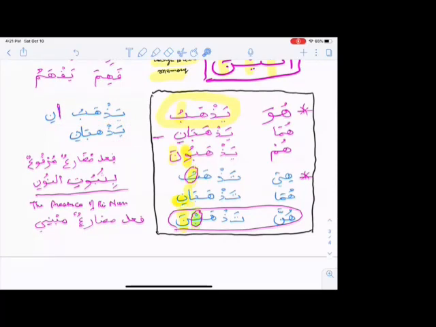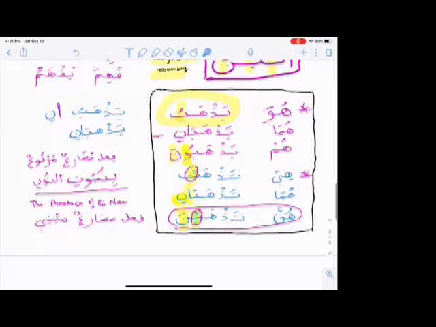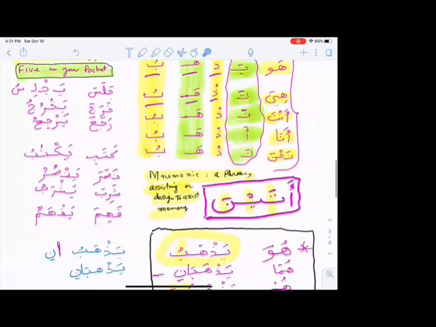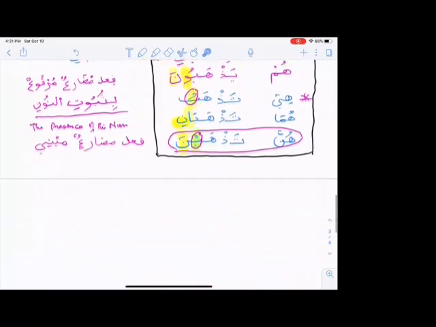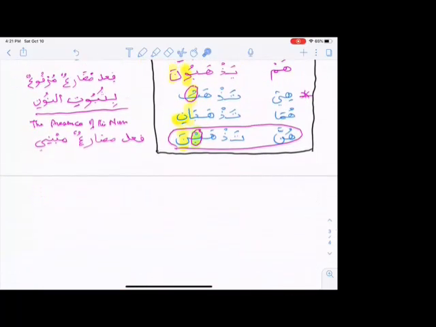Okay. So now, huwa yazhabu, huma yazhabani, and then hum yazhabuna. Did I explain here yazhabuna? See, I will do it here again, inshallah. Yazhabu.